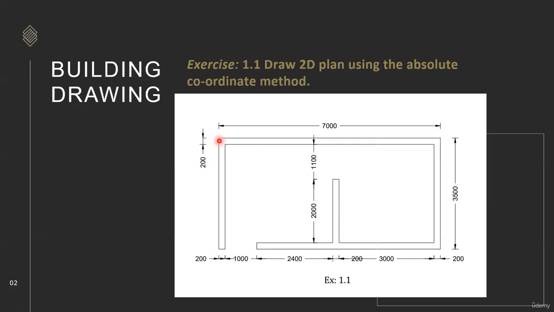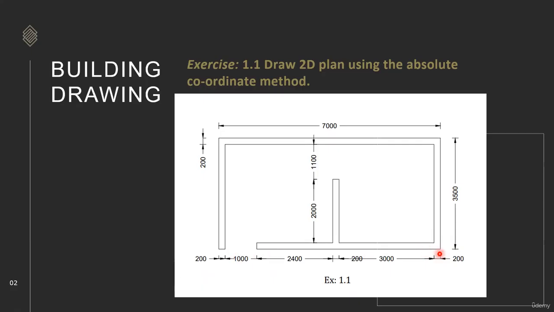You just go here. What is this point? 0 comma 3500. Then next, what is this point? 7000 by 3500. Correct? Always the first one is the x coordinate, the second one is the y coordinate. And what is this point? 7000 by 0.